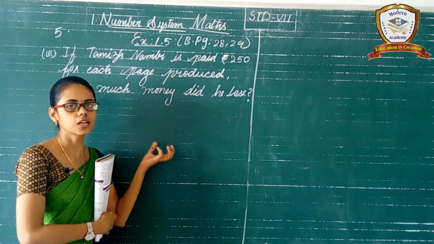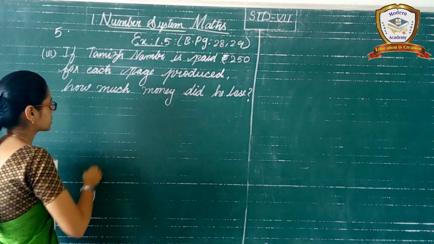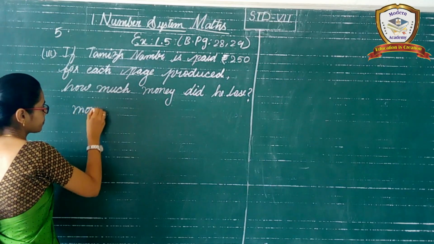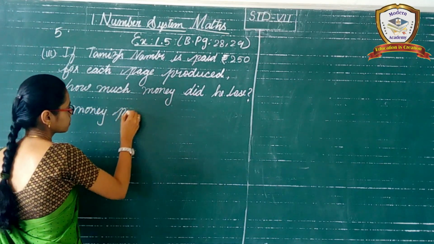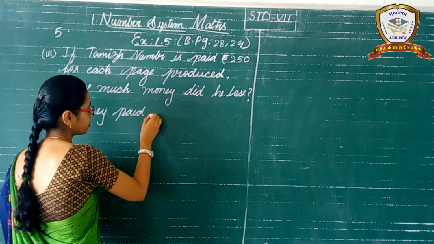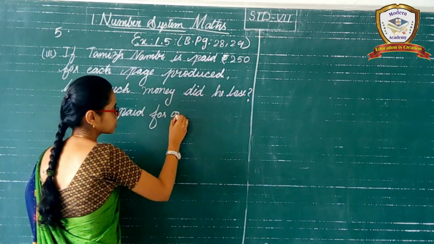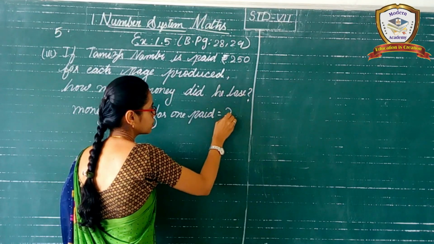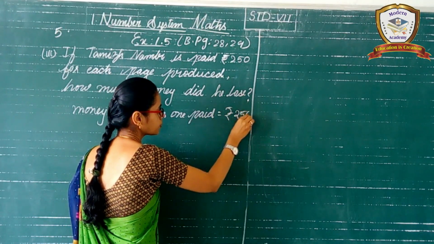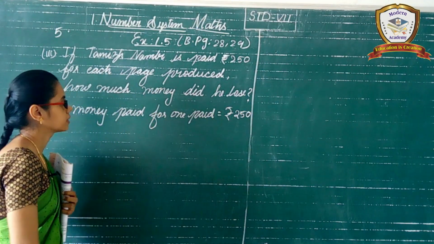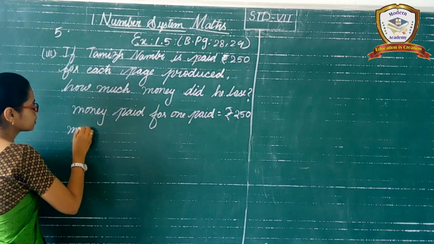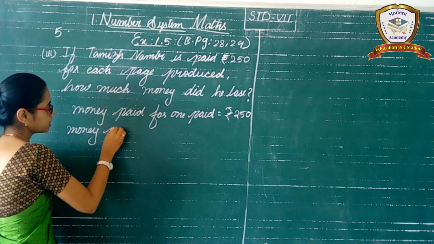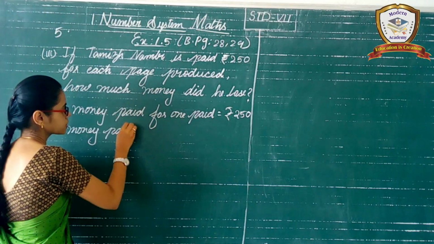We need to find the loss amount. Okay. So first, money paid for one page. One page he will be paid how much amount? Rupees 250, right?